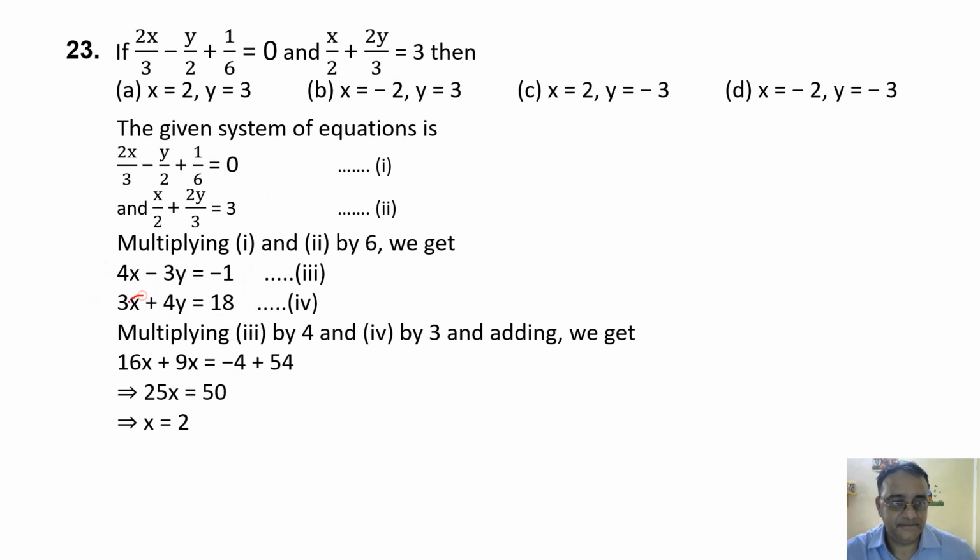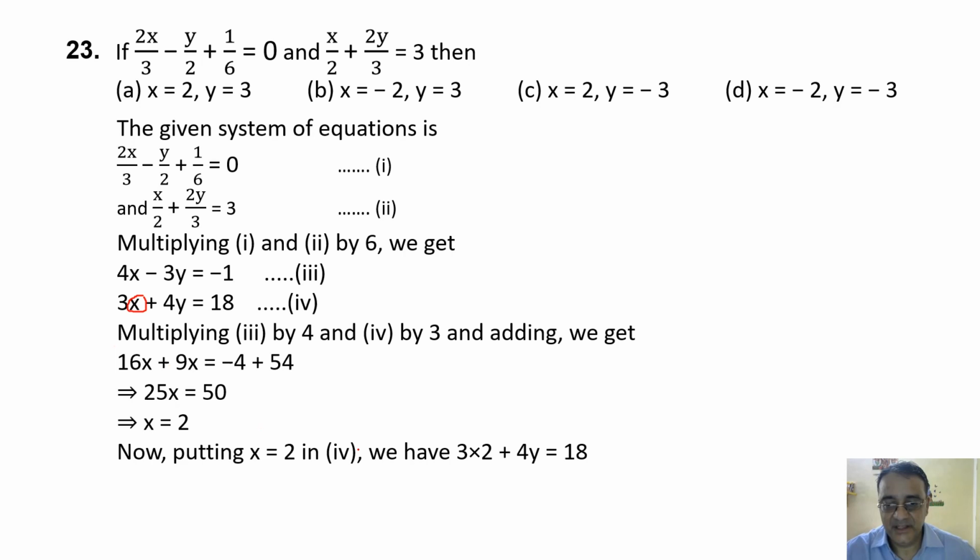So now we are going to substitute x is equal to 2 in equation 4. यहाँ पे. So 3 into 2 plus 4y is equal to 18. 3 into 2 is 6. Shift it to this side. Okay. So we'll get 4y is equal to 18 minus 6.